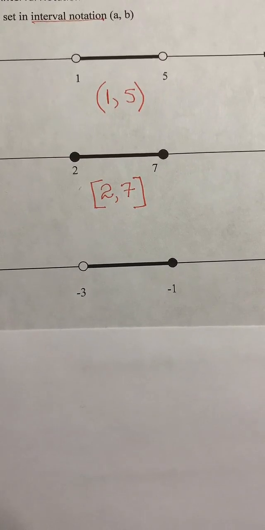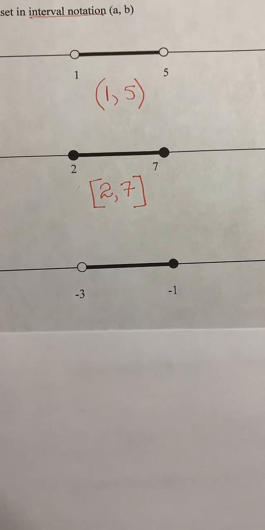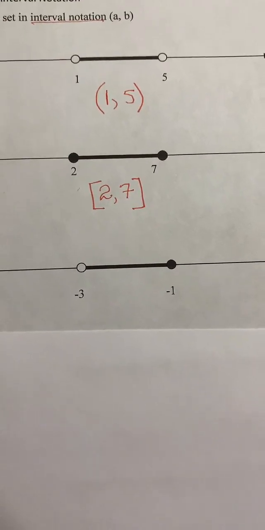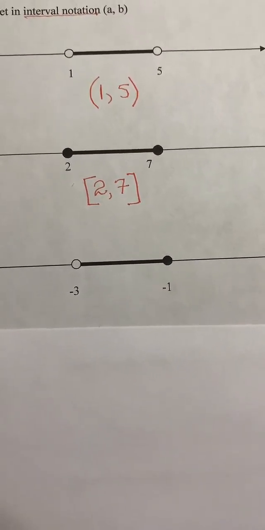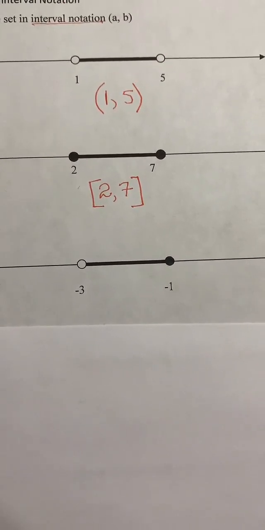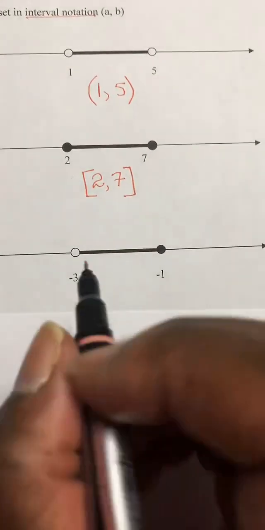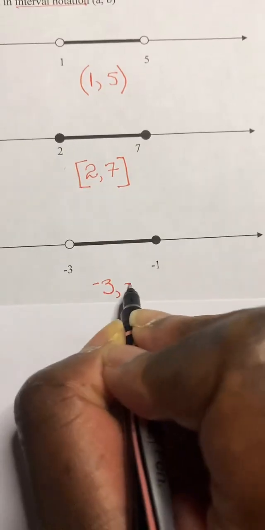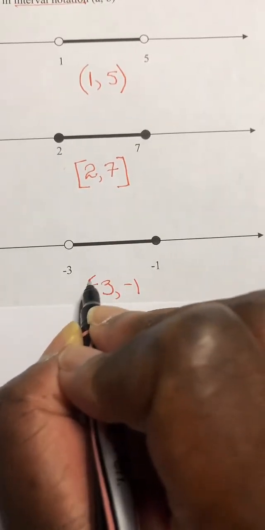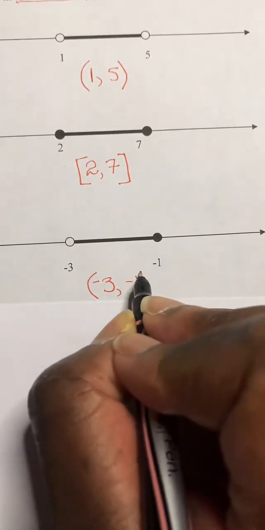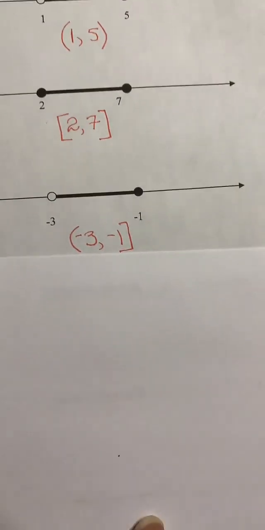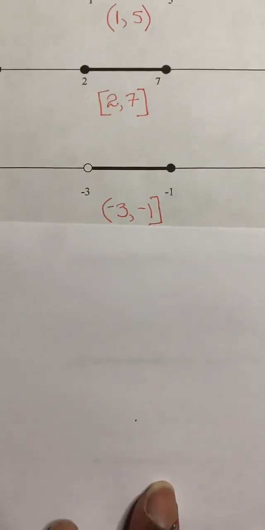Nice. Excellent. All right. -3, -1, not included, included. Okay, easy enough.